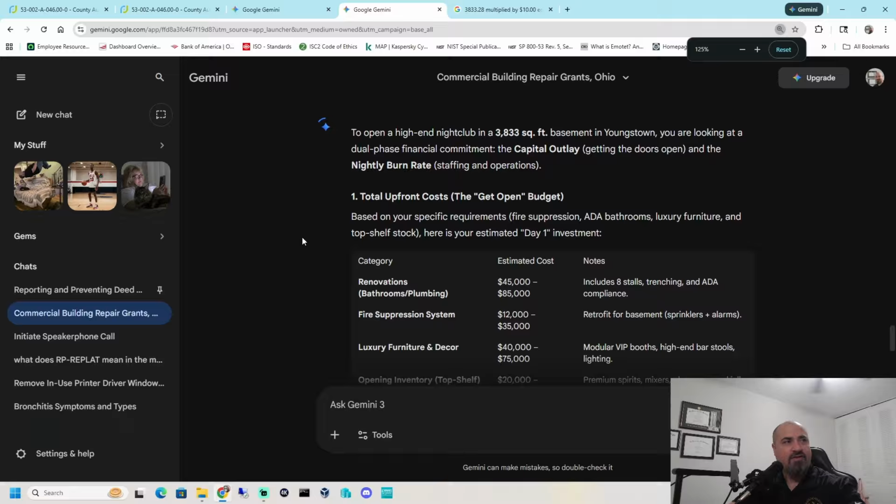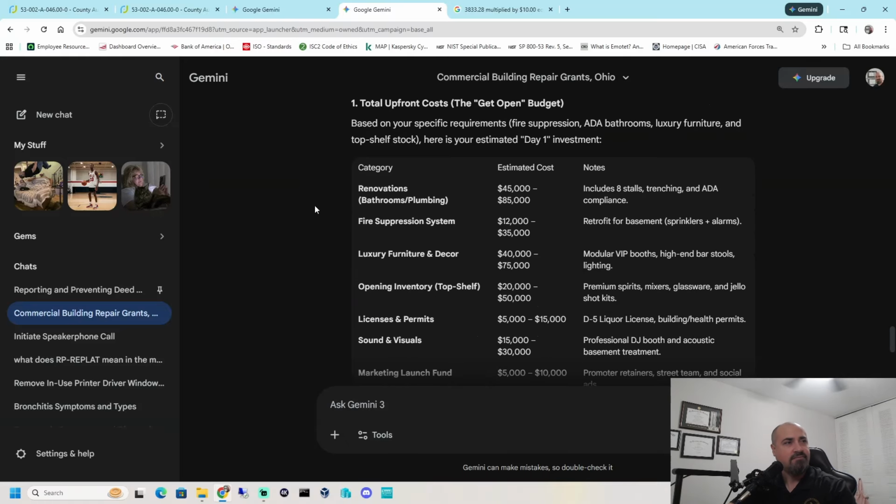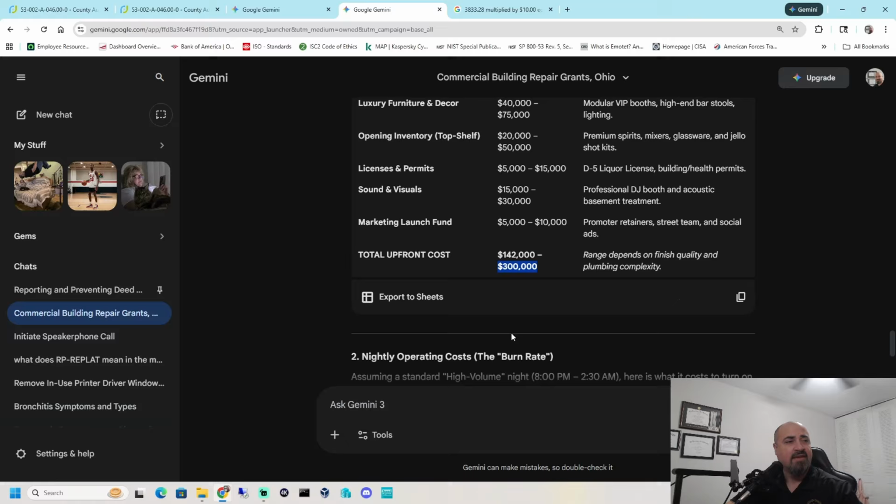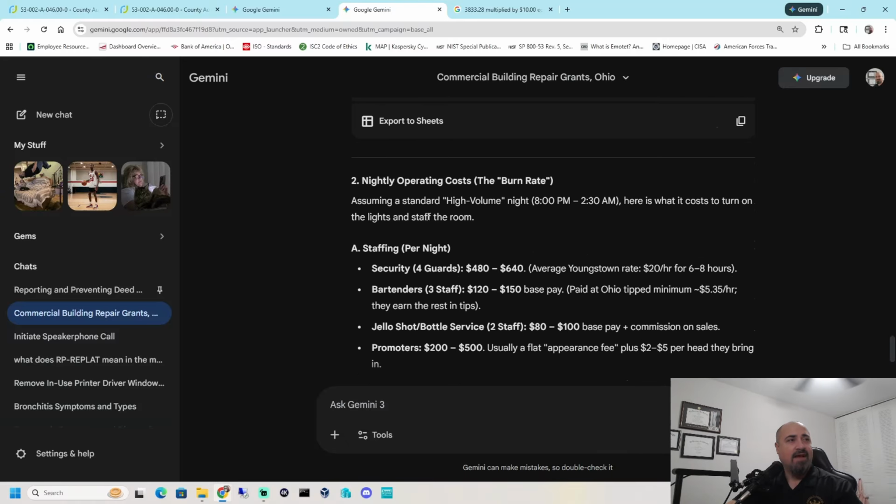Total upfront cost to get open budget: 300,000. That's the total. That's the high end of that. Okay, if he's smart, he's going to go for the high end. Now, nightly operating cost, the burn rate, assuming the high volume night, 8 to 2:30.